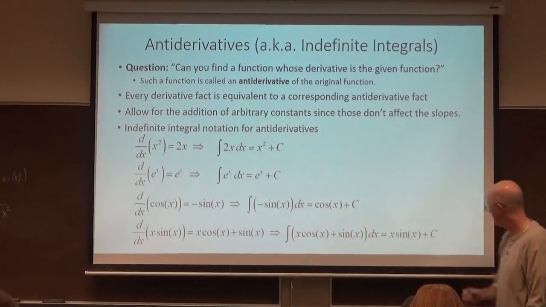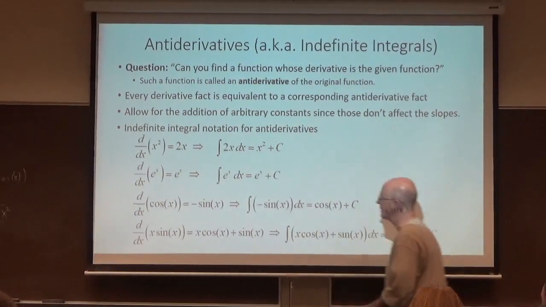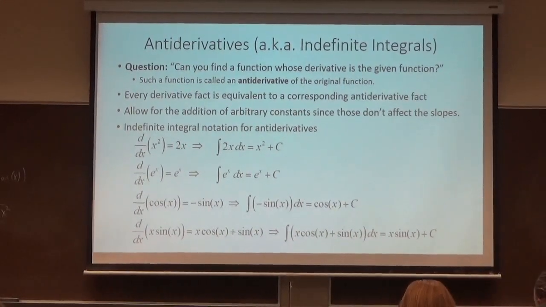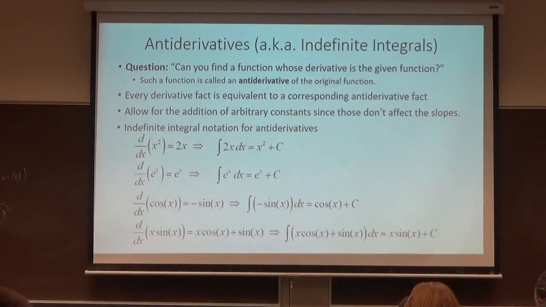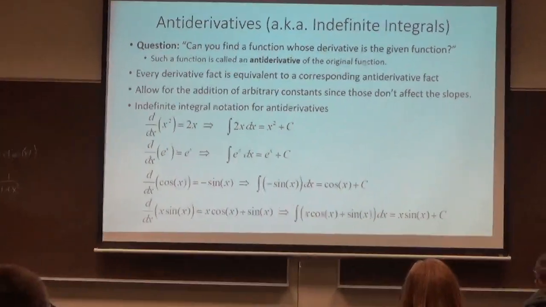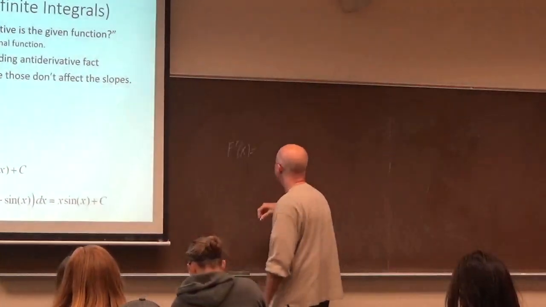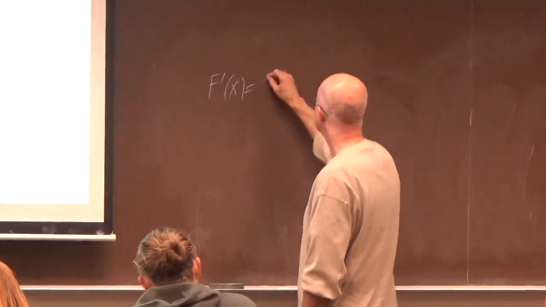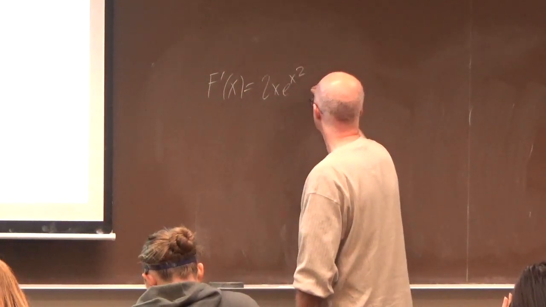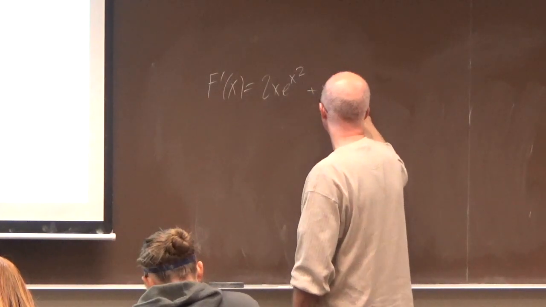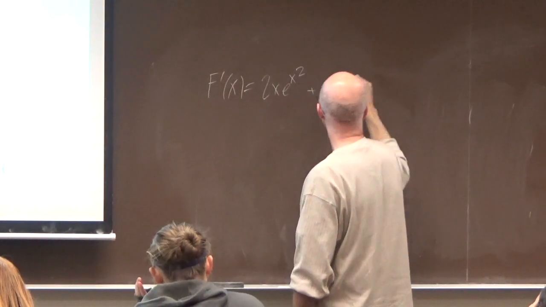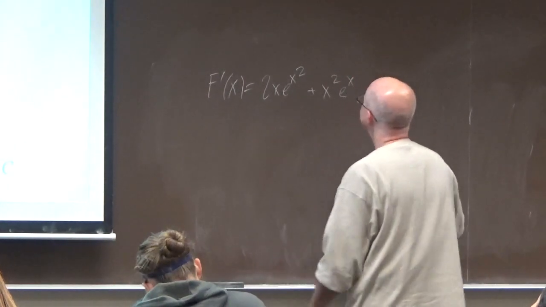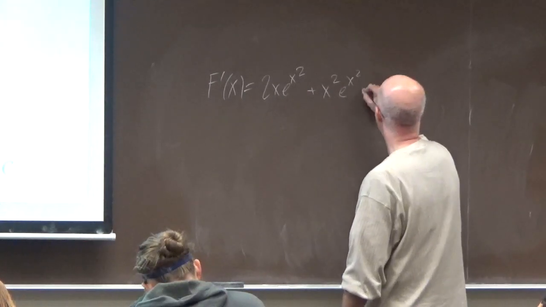We are going to have a few completion problems on the one due on Friday, where you have to find slightly tricky antiderivatives. You're told that some capital F prime is, oh, I don't know, 2x e to the x squared plus x squared e to the x squared, what am I doing? 2x e to the x squared plus x squared e to the x squared times another 2x.